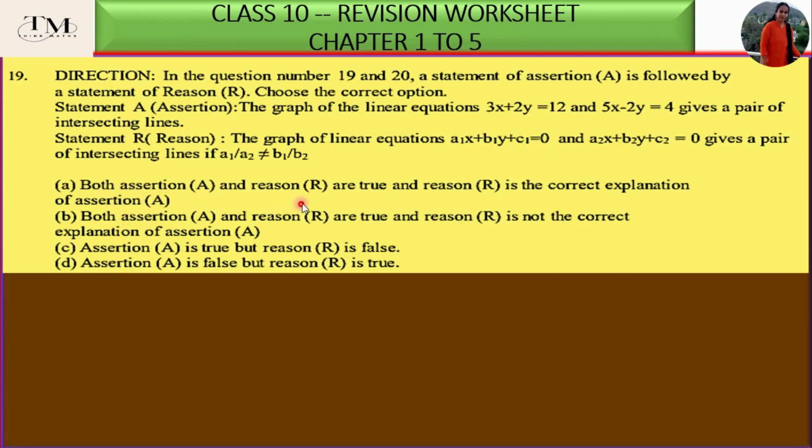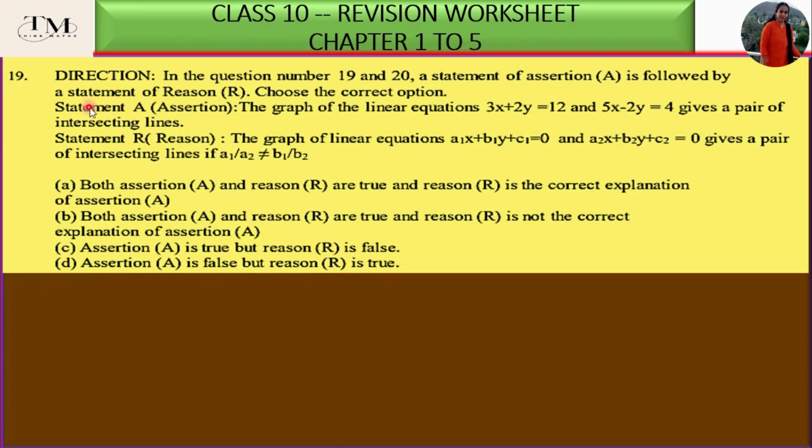A: both assertion and reason are true, and reason R is the correct explanation of assertion A. B: both assertion and reason are true, and reason R is not the correct explanation of assertion A. C: assertion A is true, but reason is false. D: assertion A is false, but reason R is true. We have to check which option suits here.